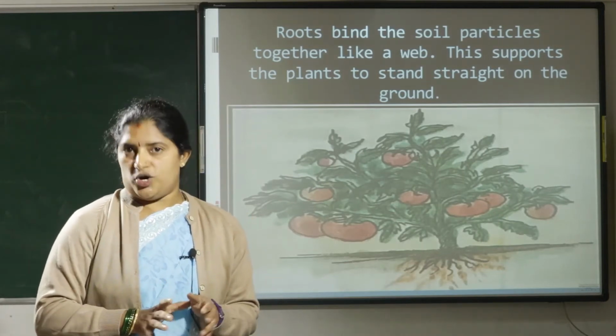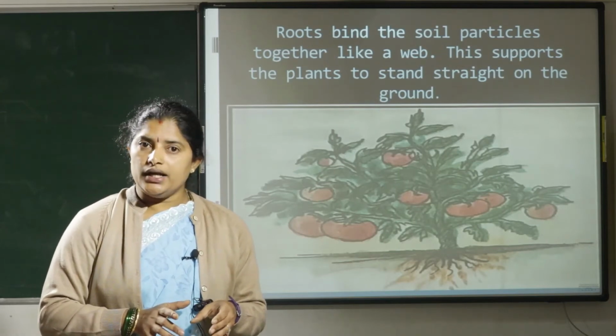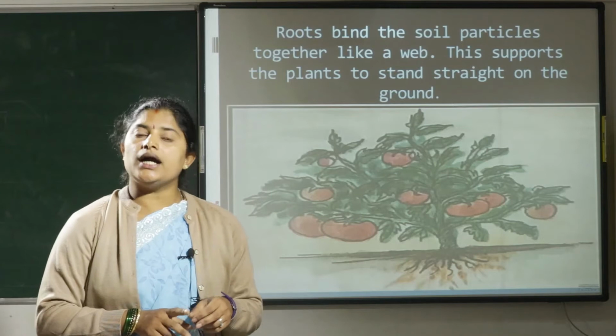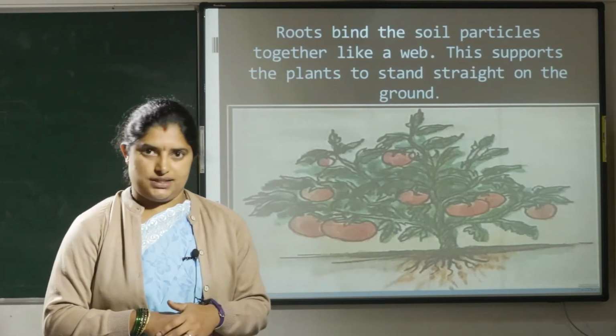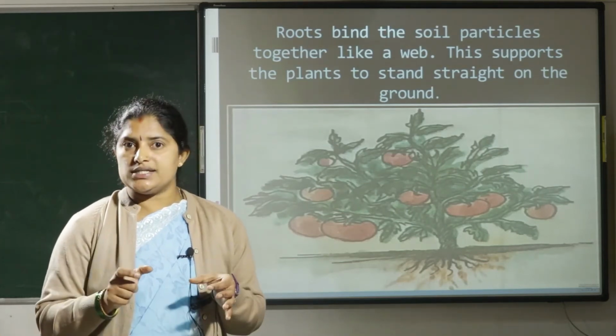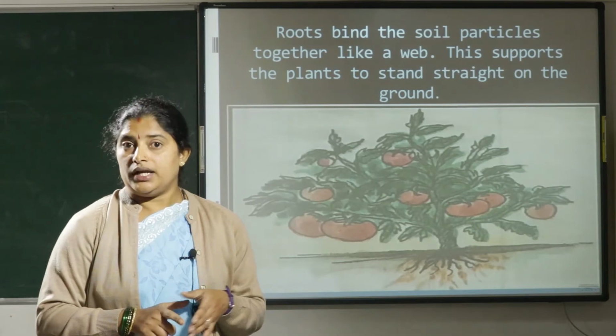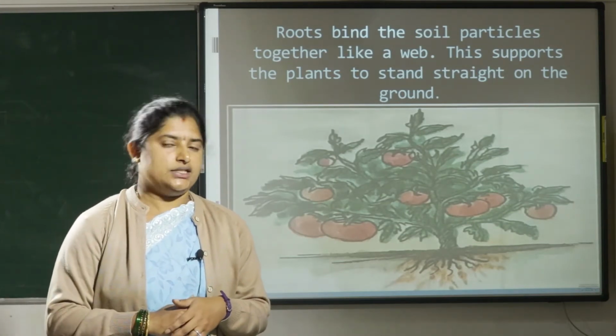Take two pots, fill them with soil, okay? Then take two plants, cut the root of one plant and let the other be as it is. Next, place a plant in each pot. Keep them in sunshine and pour water daily.